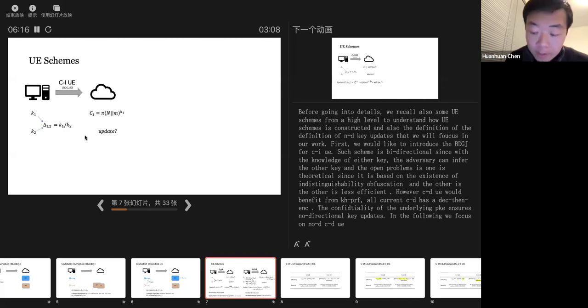The cloud can compute C1 to the power of the token. That is exactly pi to the power of K2, and that can be decrypted by the new key.